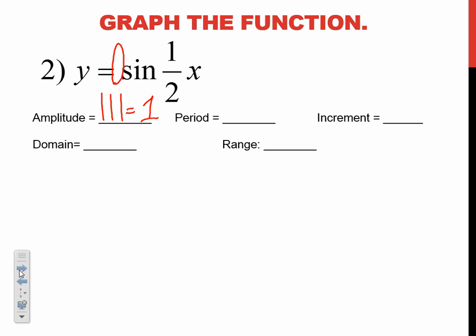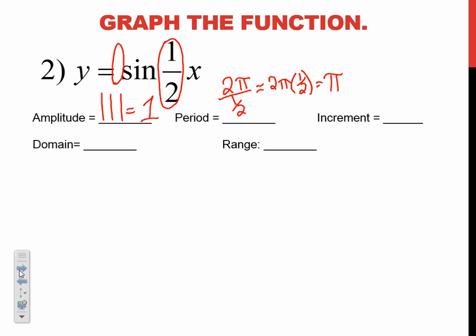My period, remember I'm going to take the number in front of the x, and I'm going to divide it, or take 2 pi divided by 1/2. Now remember, that's the same as 2 pi times 2 over 1, excuse me, times 2, which when we simplify this, it's just going to be pi.